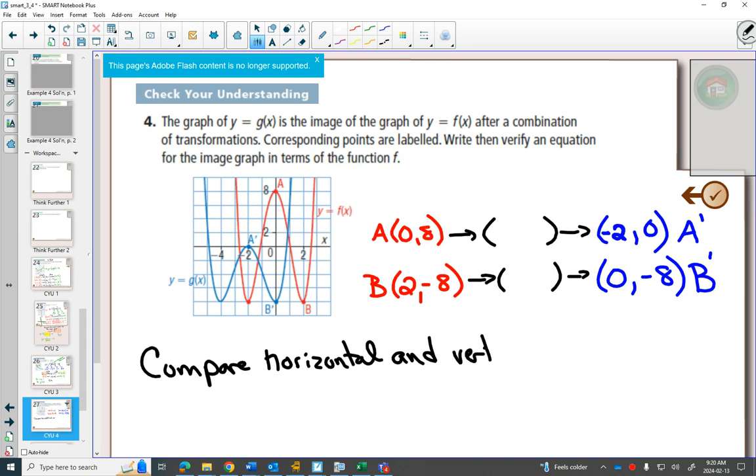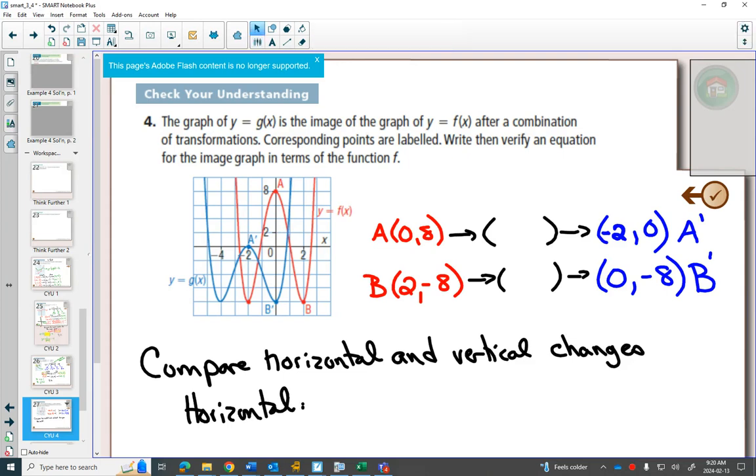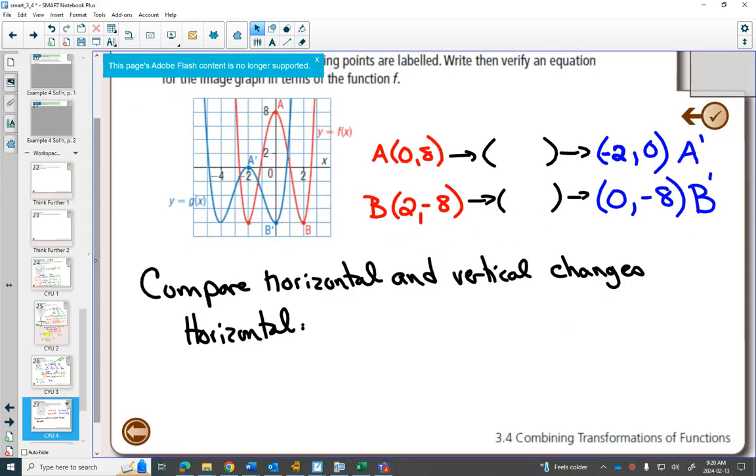So we have to, in this one, go to that method 2. So we have to look at the horizontal and vertical changes on the red graph. If we go from A to B, horizontally from A to B, we go 2 to the right. So I'm going to show 2 to the right by going +2. To the left, I would go -2.